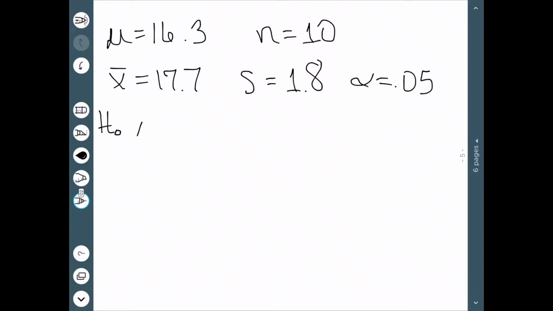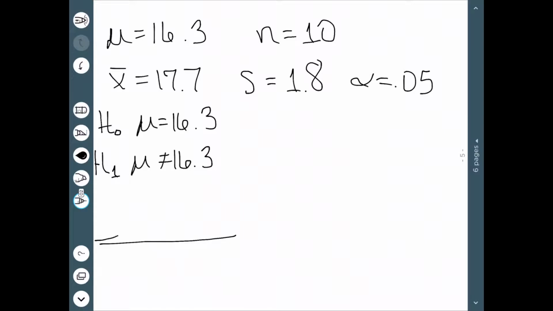So my null hypothesis is that it's equal to 16.3, and we just want to know if this person is right or not. So my alternative hypothesis is that it's not equal to 16.3. I need to find the critical values. Since we have a sample size of 10, that's going to tell us that we have 9 degrees of freedom.